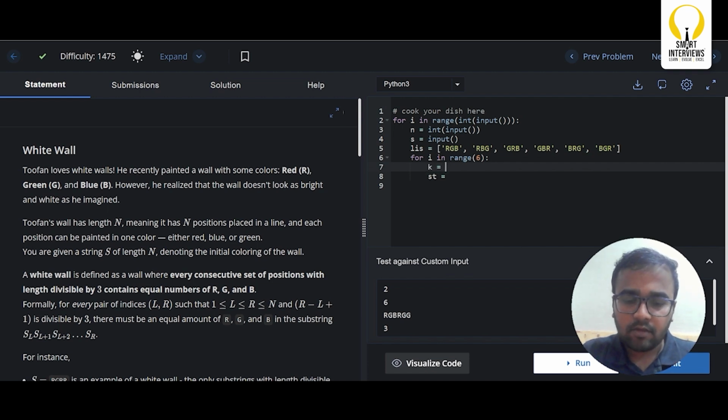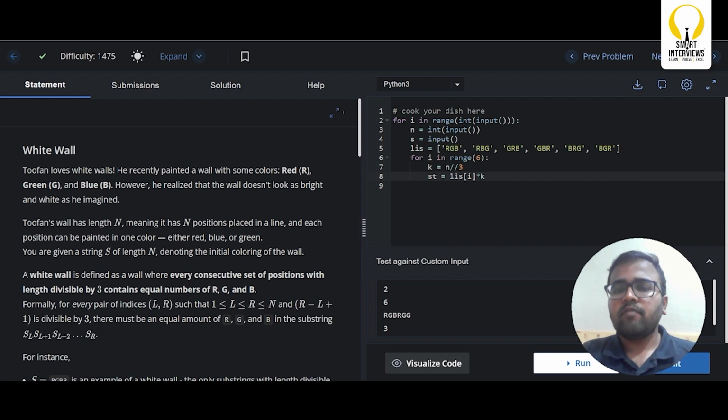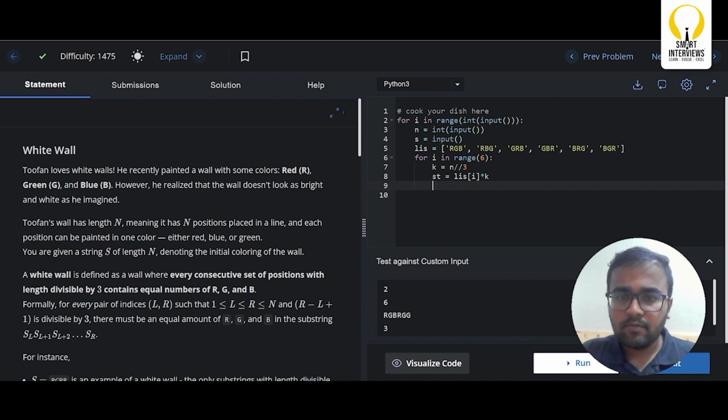For that, let us take K, the string ls of i into K. So this is going to create a string which is of size a multiple of 3, or a size divisible by 3.